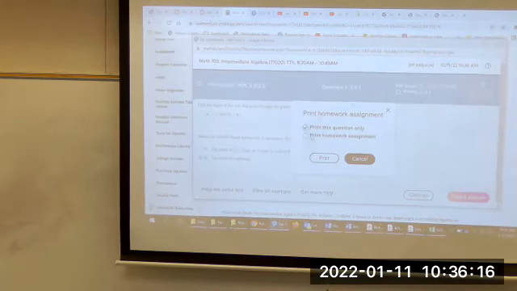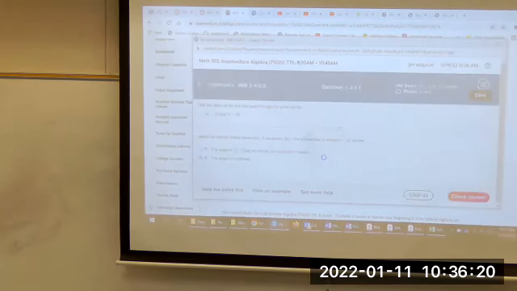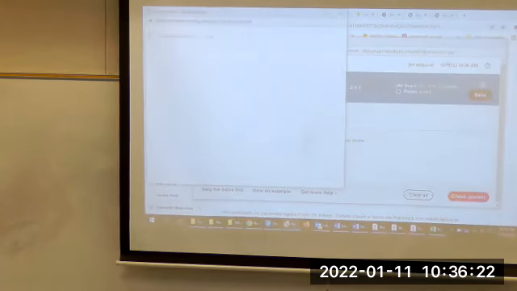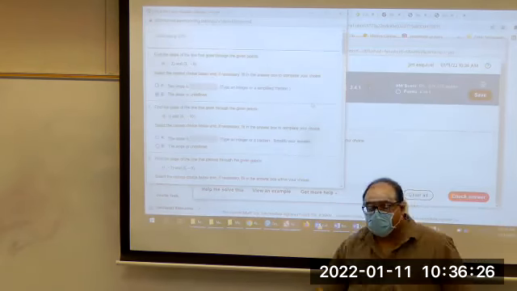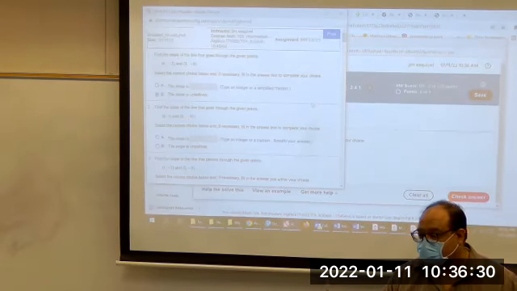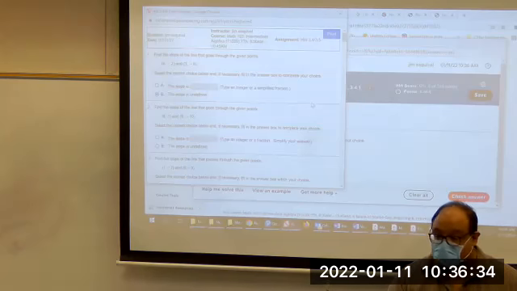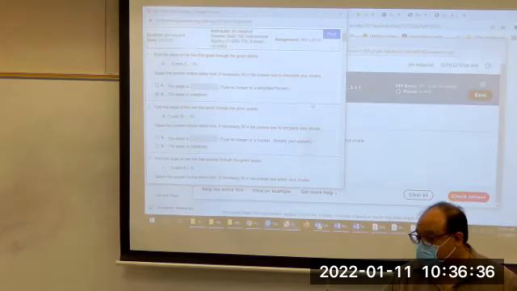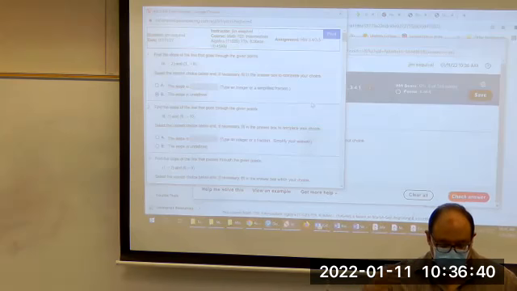I'll show you what it looks like in PDF. If this extra box does not open up, it's because your cookies need to be switched. Your computer's not letting you open the extra box. You need to tell your computer to accept that box.